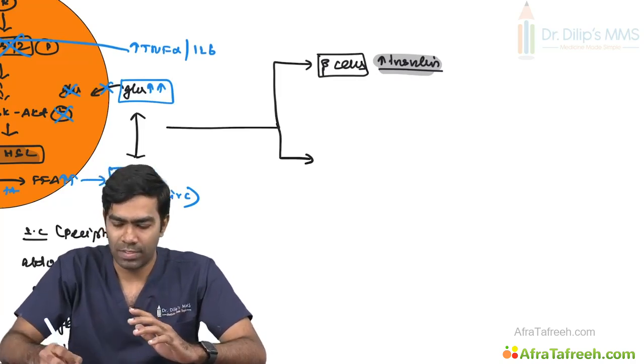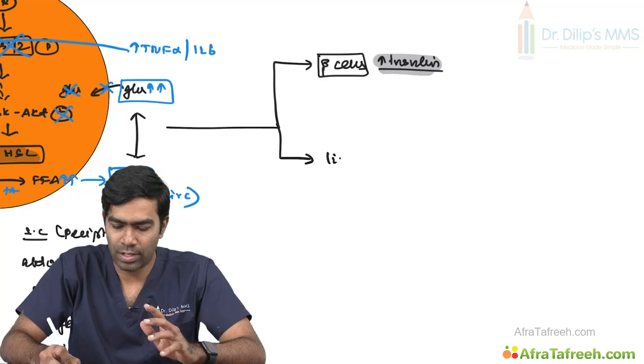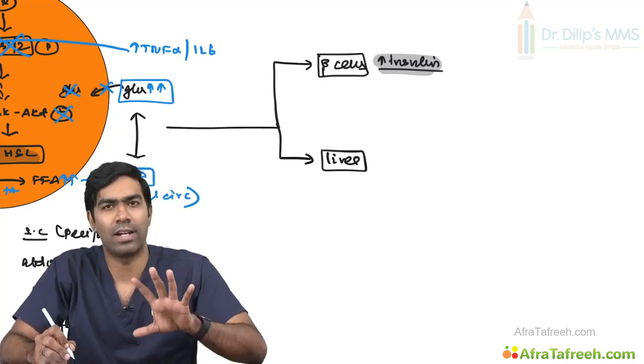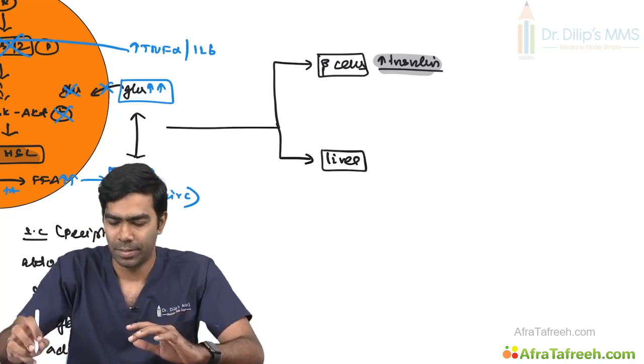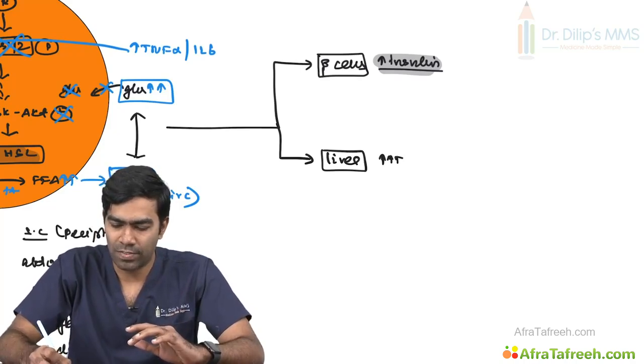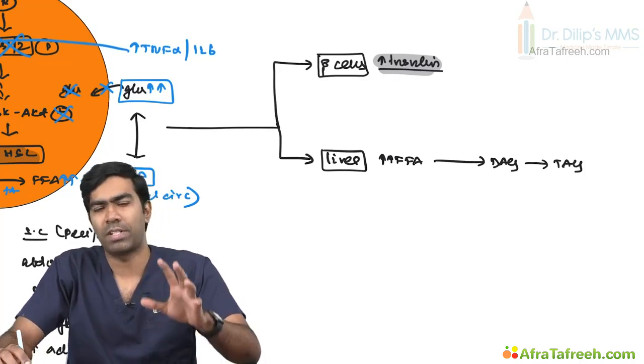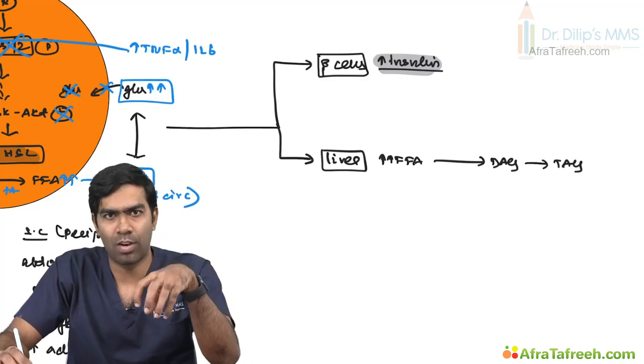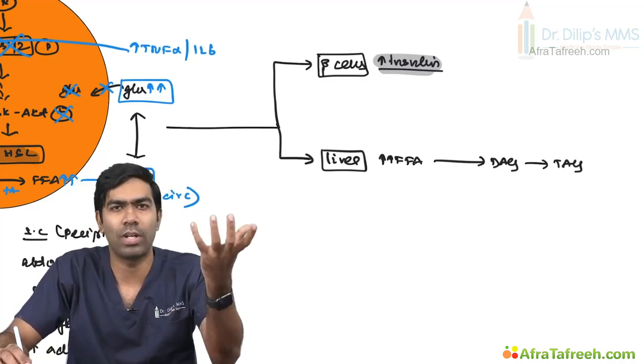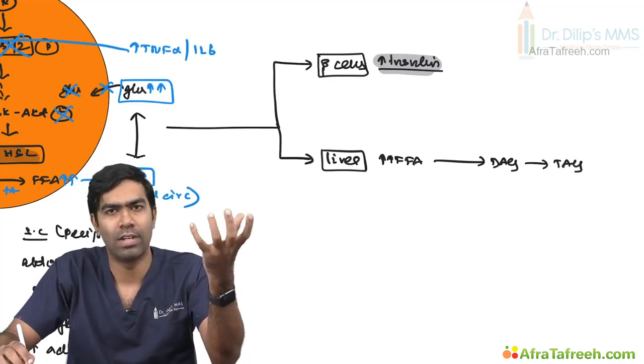At the same time, these free fatty acids and glucose are going to enter the liver as well. But let us first handle the free fatty acids. So in the liver, increased free fatty acids will definitely be converted to diacylglycerol, which will subsequently be converted to triglycerol. Especially in the portal circulation, now after crossing the pancreas, you're not only having high free fatty acids, you're also having high insulin.